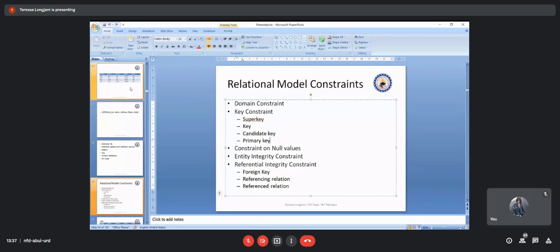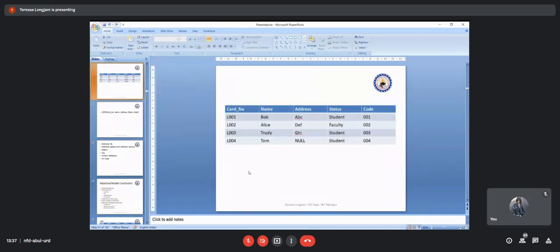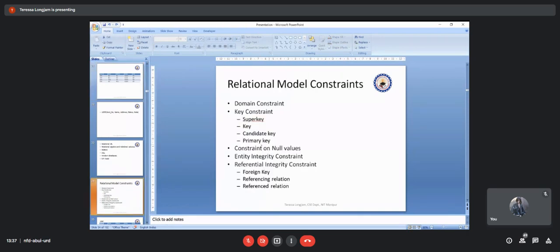If we say that in this particular relation the name attribute cannot be null, then when we provide values for each and every tuple, we have to provide a value for this name attribute. We can't just leave it blank. Such a type of constraint can also be applied.